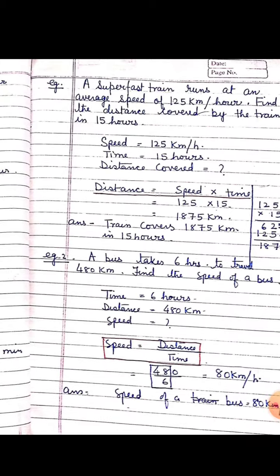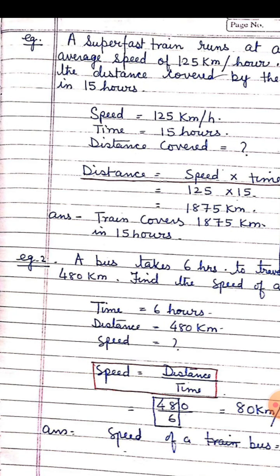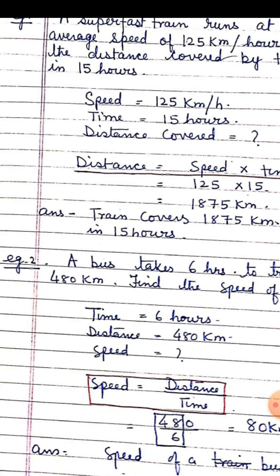So you will use the formula distance is equal to speed multiplied by time and substitute the values. When you solve this problem, you will get 1875, and because the unit of distance is kilometer, you will write kilometer also. So the train covers a distance of 1875 kilometer in 15 hours.